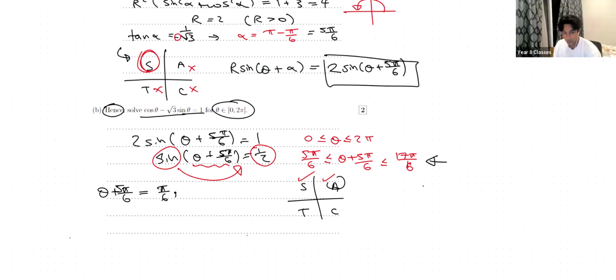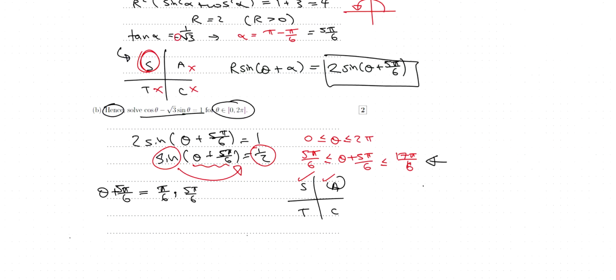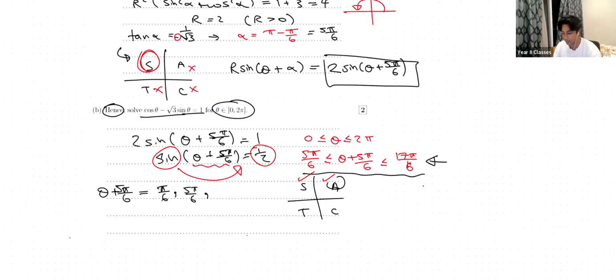And now I want you to think, is there going to be another answer that is in this expanded domain? Yeah. Okay, how can we find it? Add 2 pi. Which one are you going to add 2 pi to? The π/6. Sure. And what does that give you?